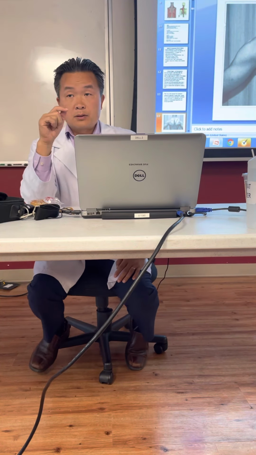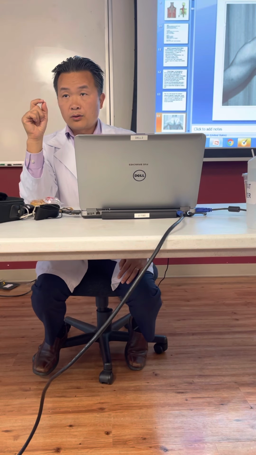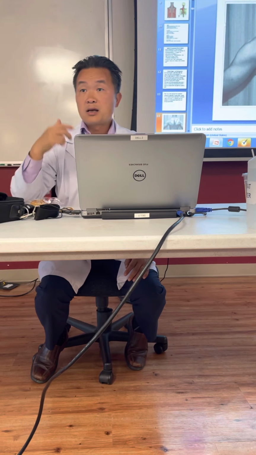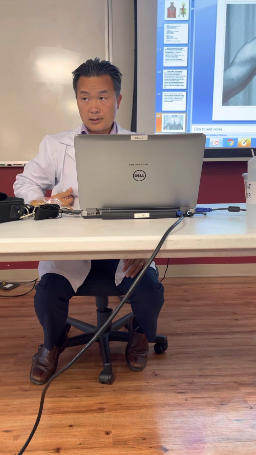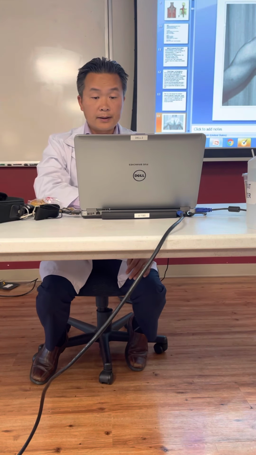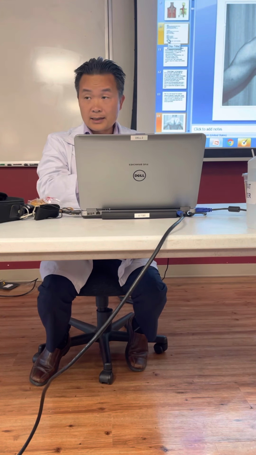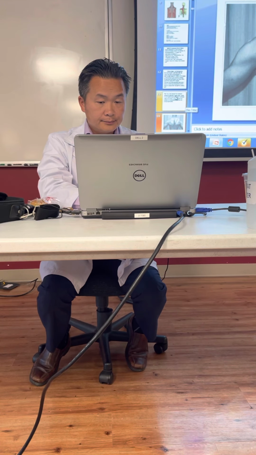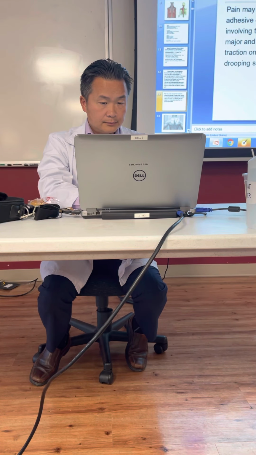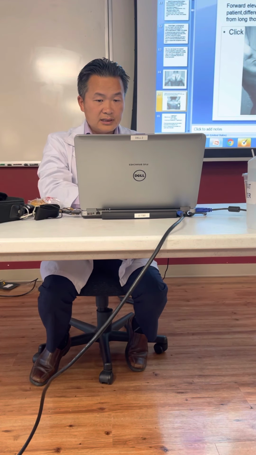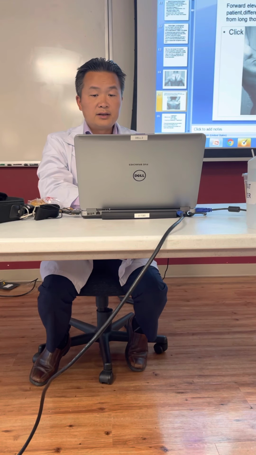Winging of the scapula can also be caused by damage to the long thoracic nerve. The long thoracic nerve controls the serratus anterior muscle. Later we'll talk about that muscle. But the muscle is on the front of the rib and attached to the scapula. So this is how to differentiate between spinal accessory nerve damage and long thoracic nerve damage.